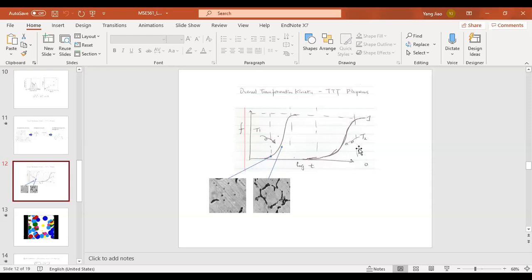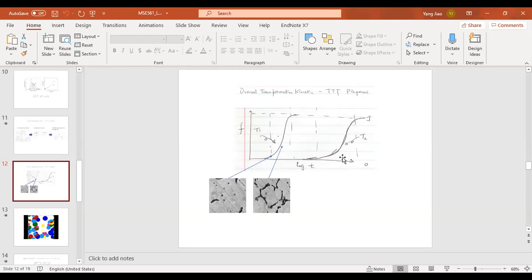And if you go to a different temperature, for example T2, which is higher than T1, you presumably see a different curve. Number one, it takes a longer time for the precipitate to nucleate, because at a higher temperature the supercooling is smaller.